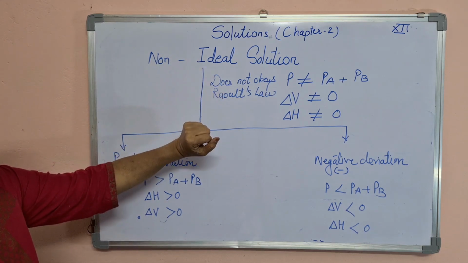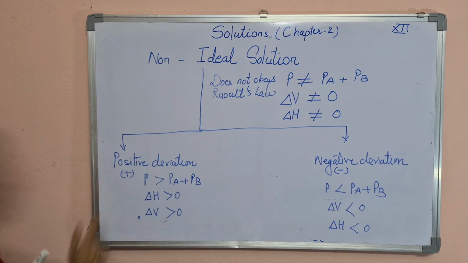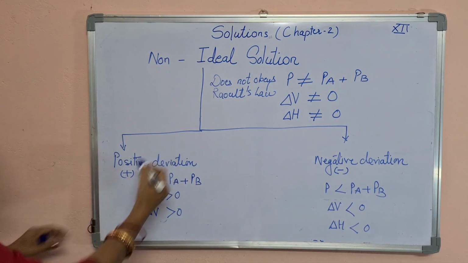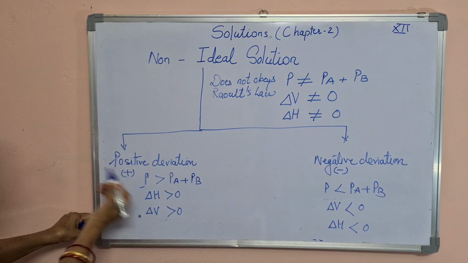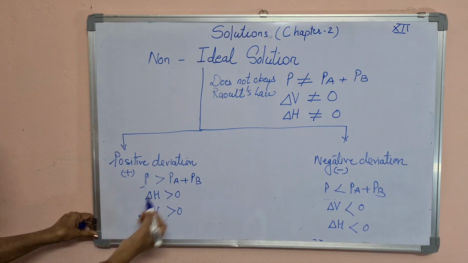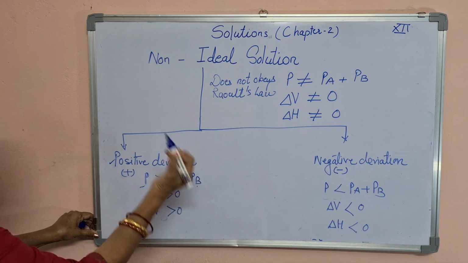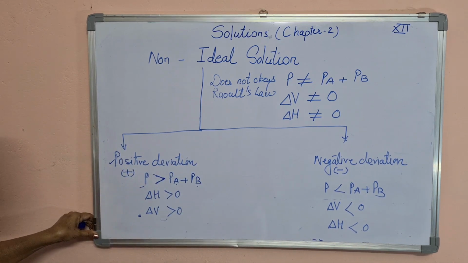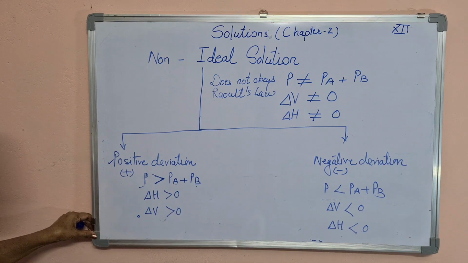Now non-ideal solutions are of two types: positive deviation and negative deviation. Positive deviation solutions mean that the vapor pressure of the solution is greater than the sum of the partial vapor pressures of solvent and solute. Here is the sign of greater than. Second, delta H is greater than 0.